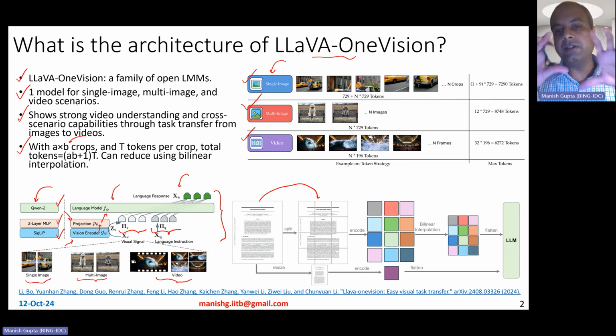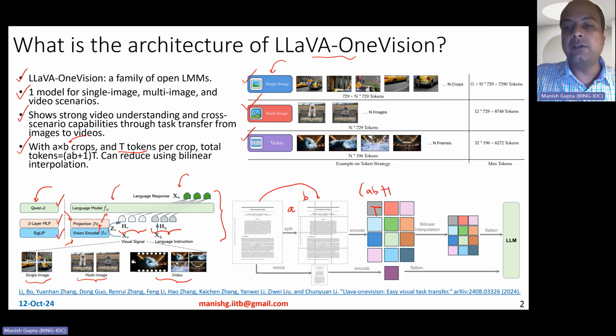In this case, the image is a document, and you split it into multiple A cross B crops, and then you encode them. Each crop you encode using T tokens. So for each crop, you end up with T tokens. Therefore, that gives you overall (A into B plus 1) into T tokens.